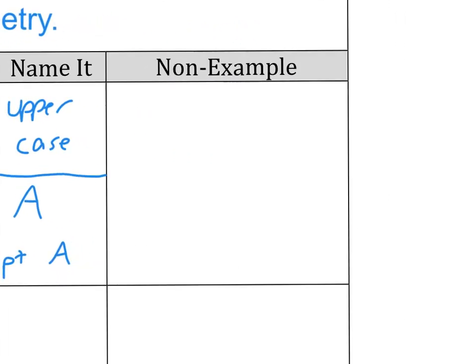Some non-examples or bad habits would be another way of describing this. If you said this with a lowercase, that would be wrong because it needs uppercase. Also, if I just have an A right here, that's not a point.